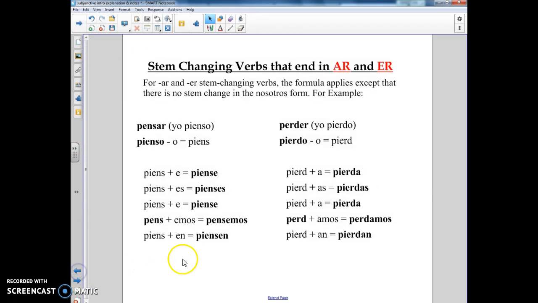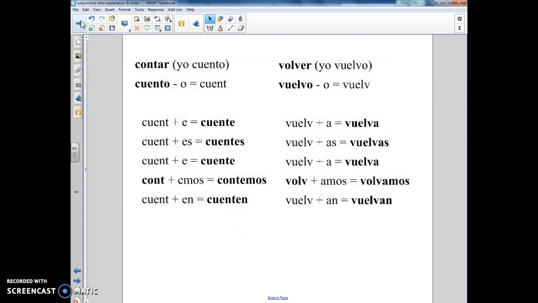So stem changing verbs that end in AR and ER are still going to take the stem change everywhere except for nosotros. So they're going to follow your typical stem changing verb rules, like the boot verb rules, and they're going to do the same stem change that you're used to everywhere except for nosotros. Okay? And then you just have to remember to use your opposite ending. So there's some more examples.